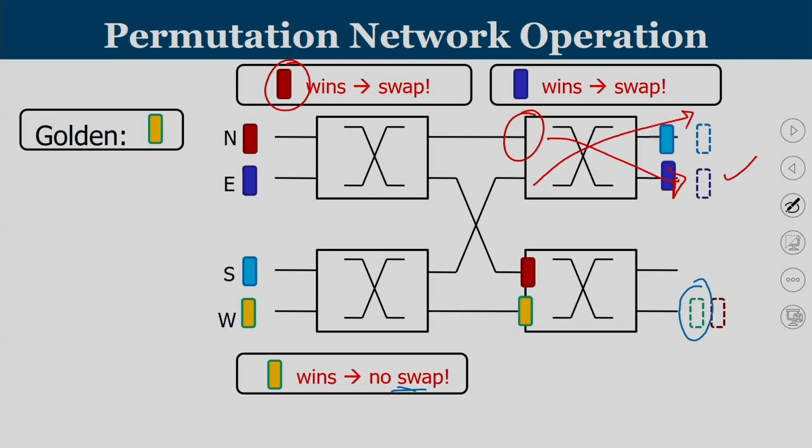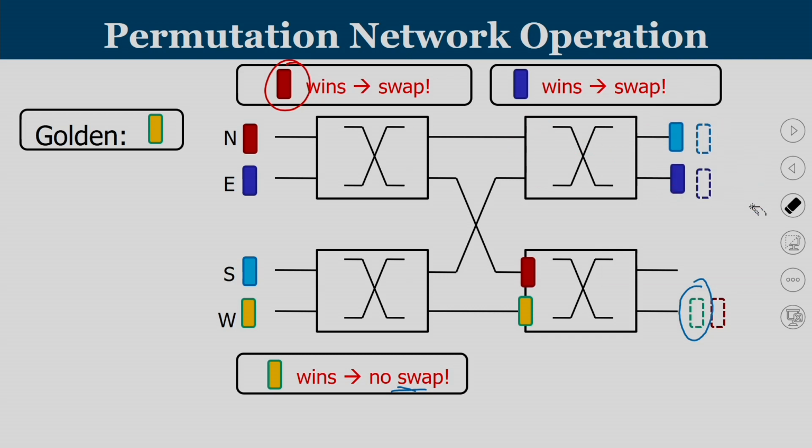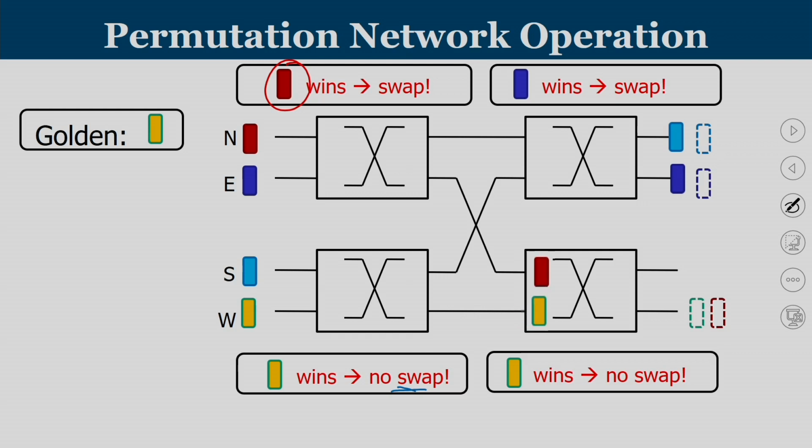There is a swap that happens and the flits get exchanged. Now, what happens at the bottom end where the golden flit is involved? Golden flit wanted to get this output port. That is the output port the golden flit is requesting. So, golden flit will get it, there is no swap, and the red flit is going to get deflected. This is the flit that gets deflected.